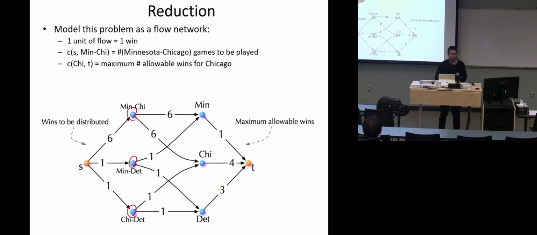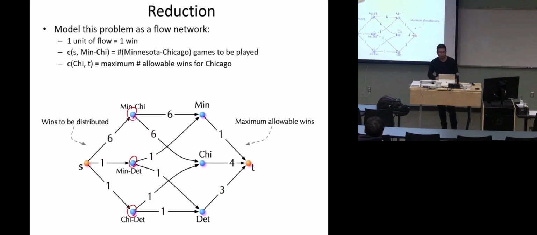Suppose we solve max flow on this graph, then what should we check? You want it to be greater than or equal to the number of wins to be distributed. So which is what number in this case?